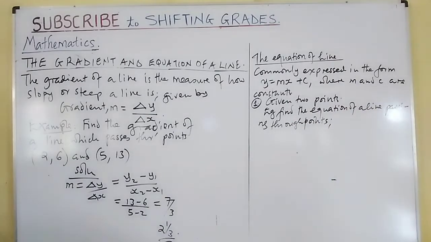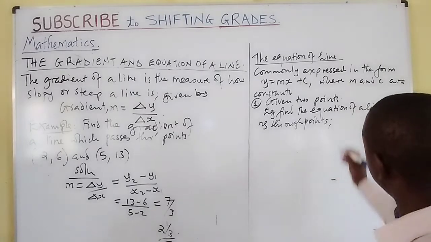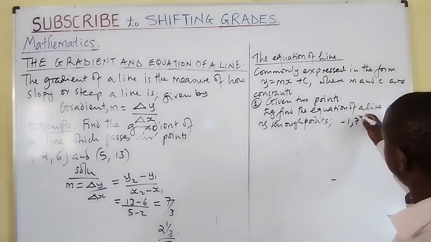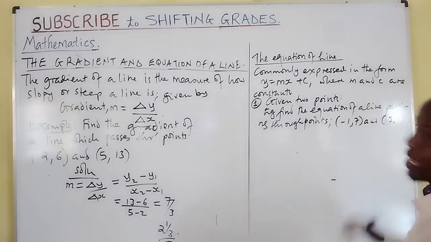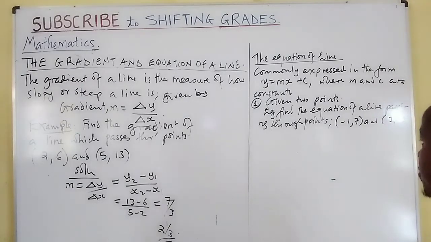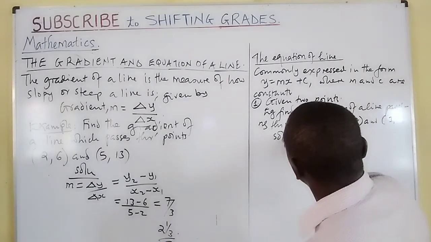Let me get an example of 2 points. You are given 2 points like (-1, 7) and another point (3, 3).